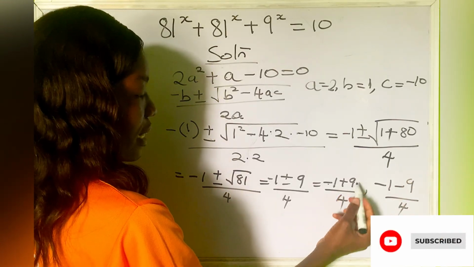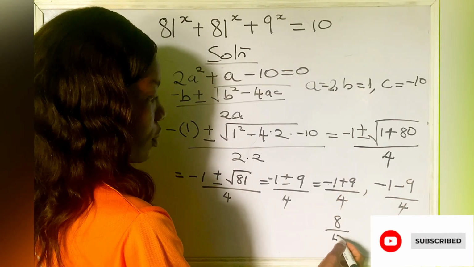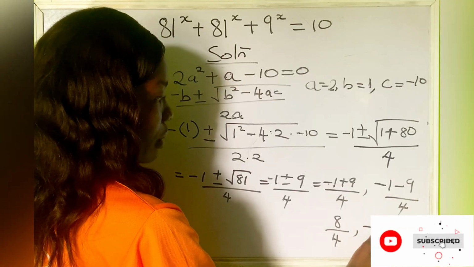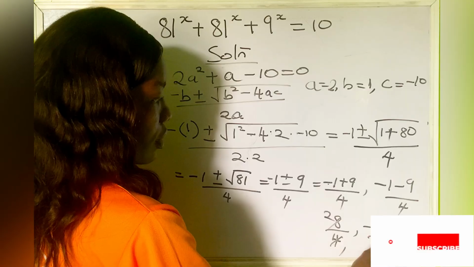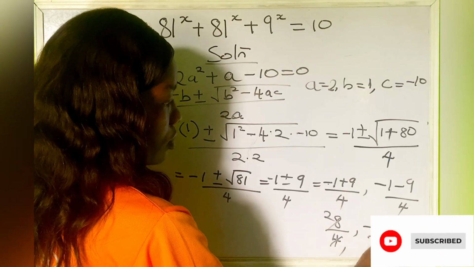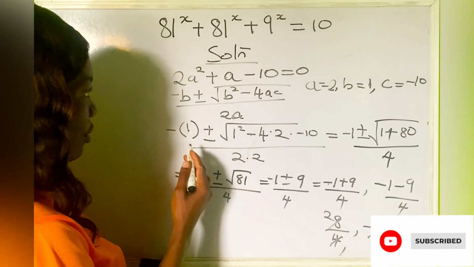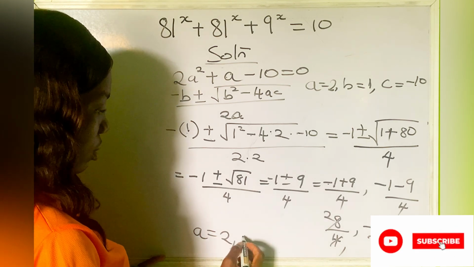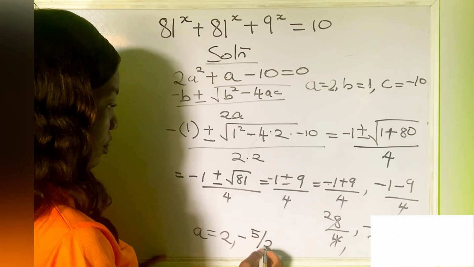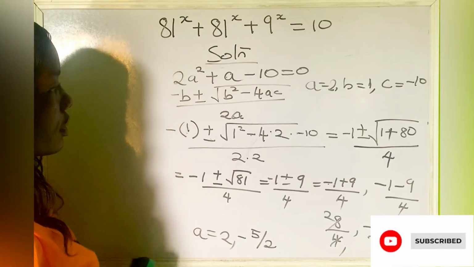We have two answers. Minus 1 plus 9 is going to give us 8 over 4, and this is going to give us minus 10 over 4. 4 here 1, 4 here 2; 4 here 2, 2 here 2, 2 here 5. So we see that our value for a is 2 or minus 5 over 2, right? So let's continue.